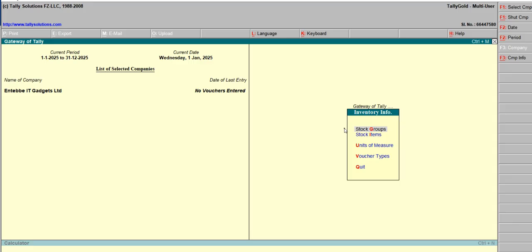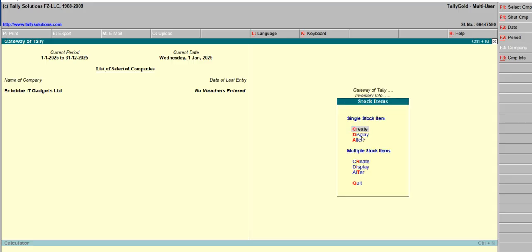Different stock groups, as I've told you, will provide classification, making inventory navigation and reporting logical and efficient, as we have seen.